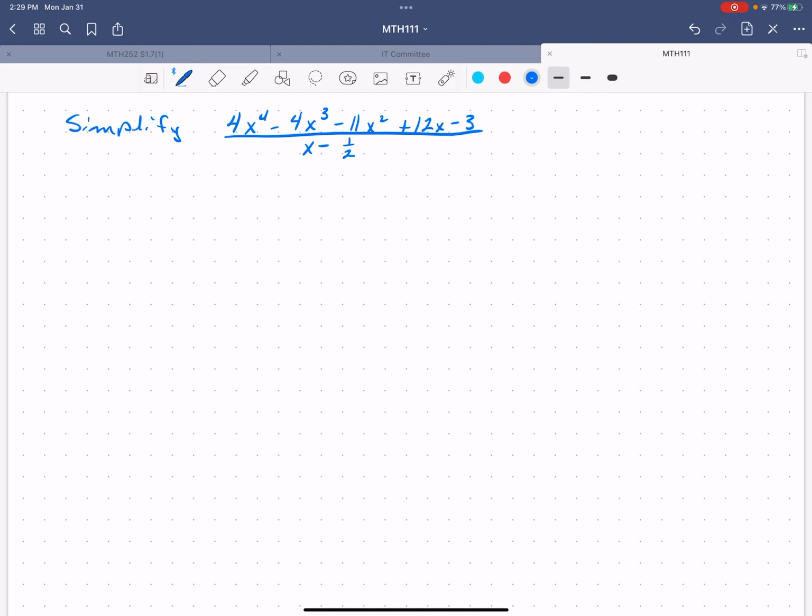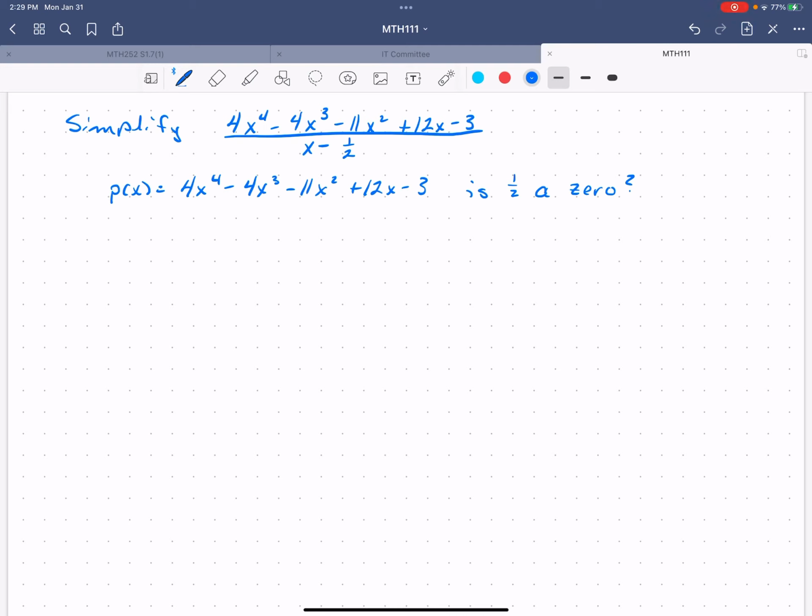So if p of x equals that, I want to know, is 1/2 a zero? Well, there are a couple ways we could check this. We could just plug it in and see, but we might want to find all the other zeros.